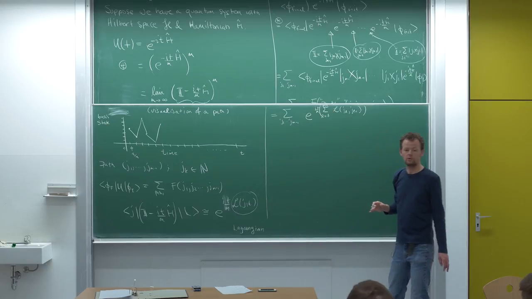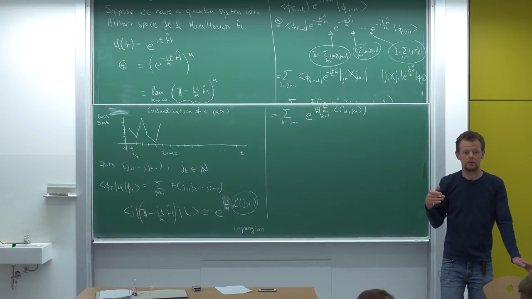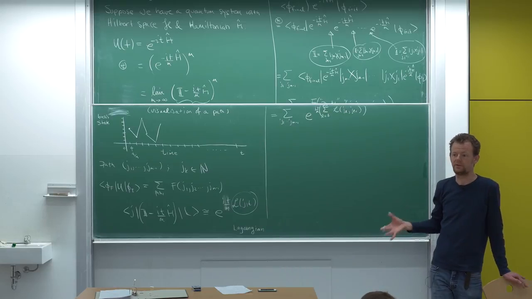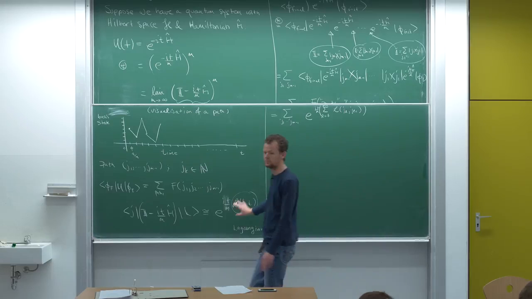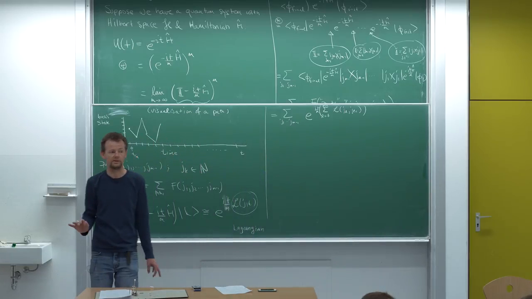So you get a sum over all paths of the exponential of some function that depends on the path, and that function is this Lagrangian, as we'll see in a more concrete example.